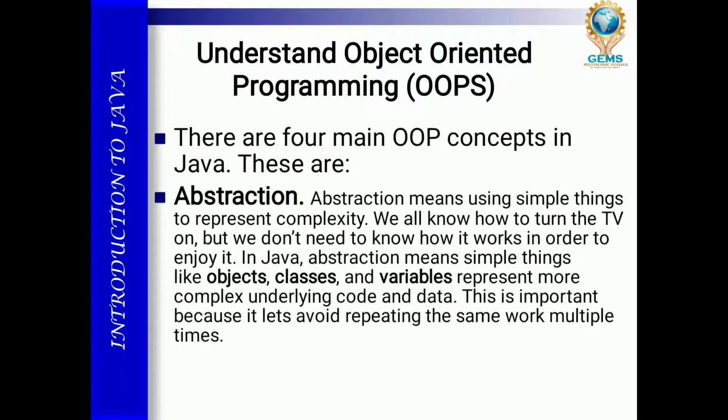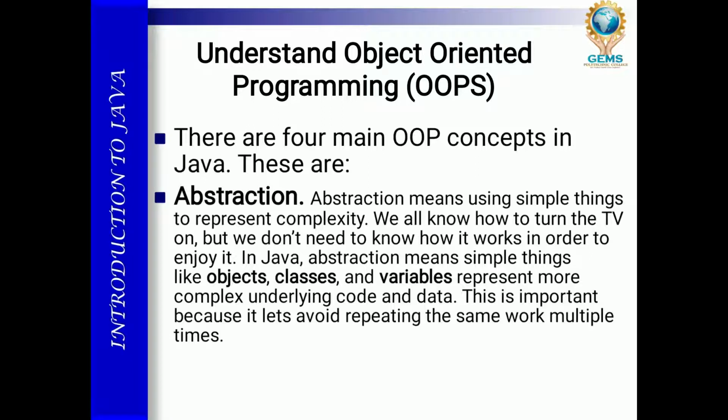Simple things to represent complexity. That means you know the simple thing and you can use it. You don't need to bother about the complexity, what is there behind it.